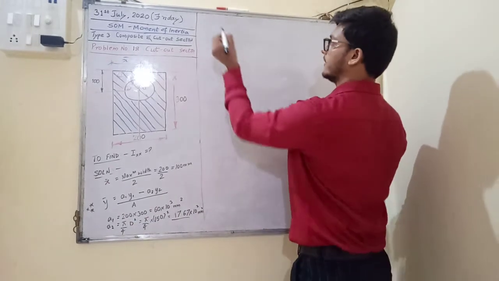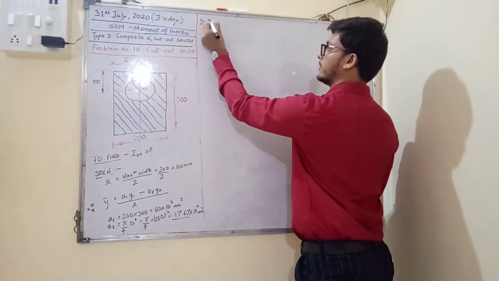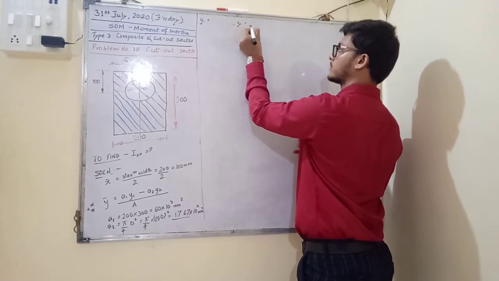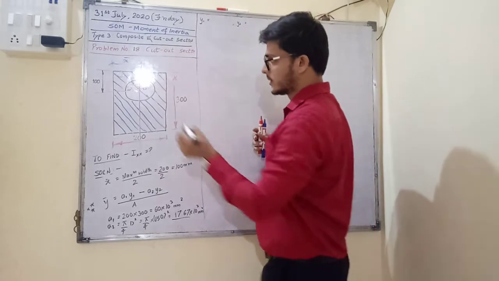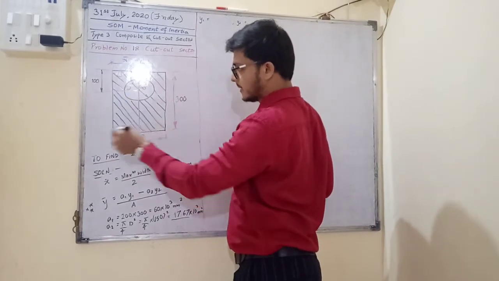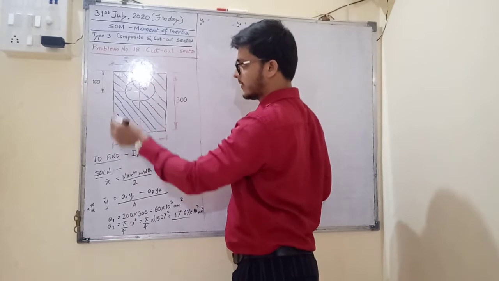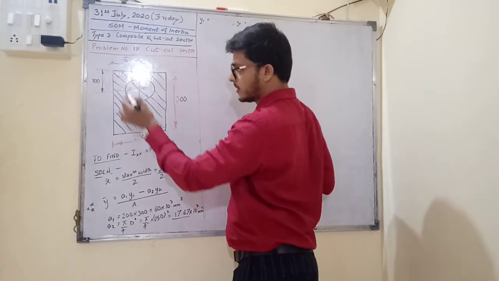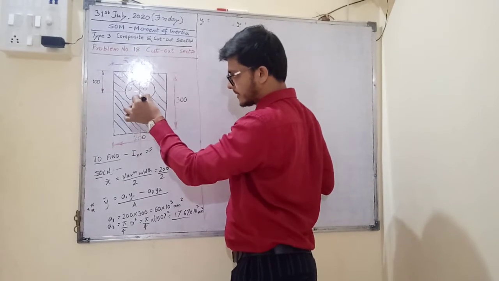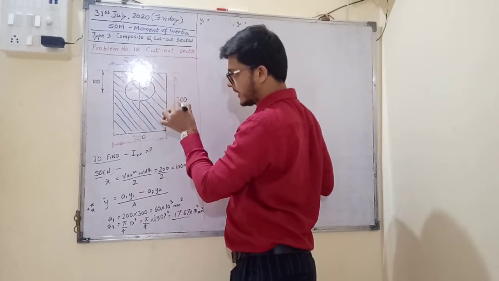Now I have to find y1 and then y2. So this is figure number 1. Y1 will be where its diagonals meet. I am not drawing the diagonal, it will be very mixed up. So its diagonals will meet exactly at the center. So the vertical distance from there to the bottom will be half of 300.